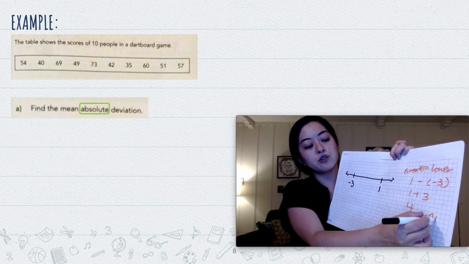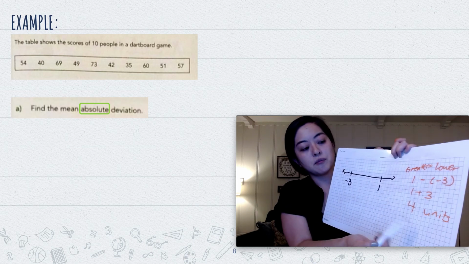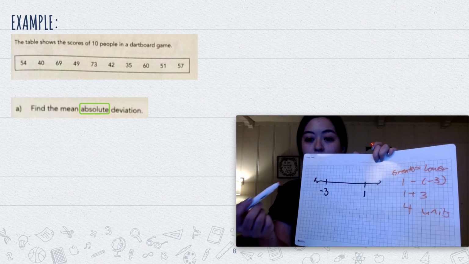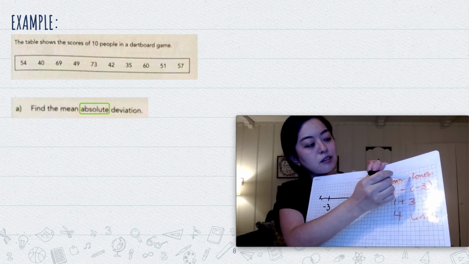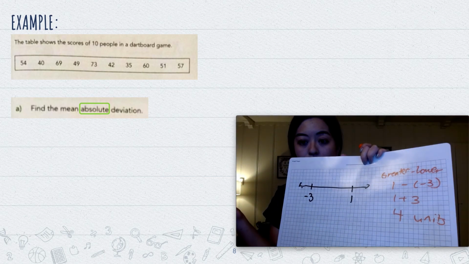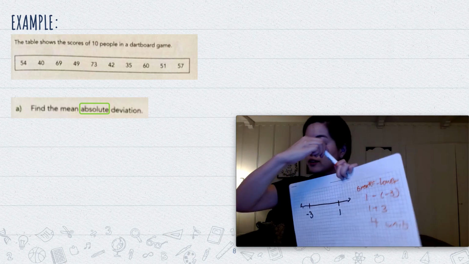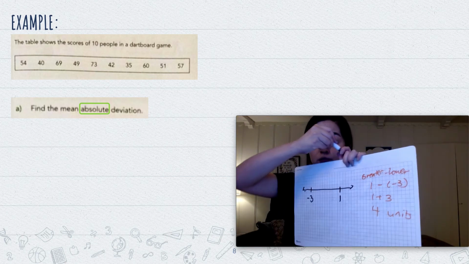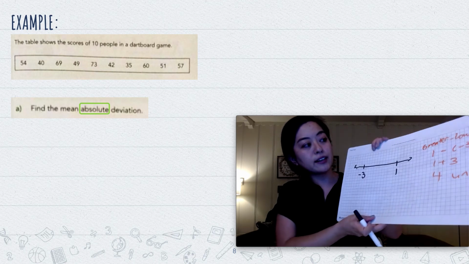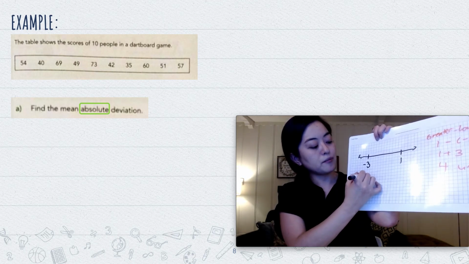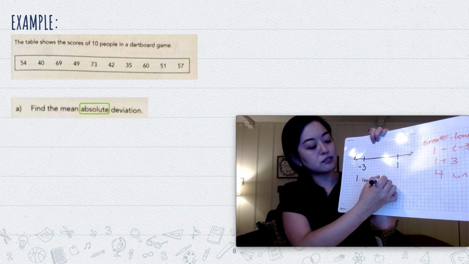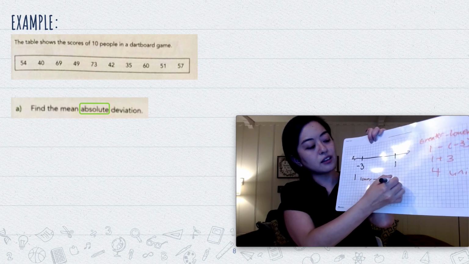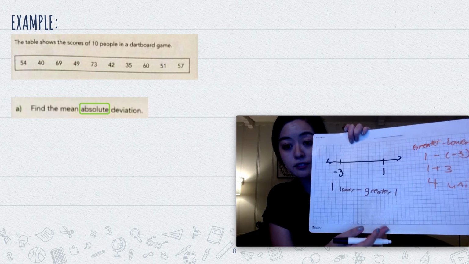So 4 units. This is the way we can find distance, by doing the greater number minus the lower number. Do you see the minus sign here? Another way we could do it is by using the absolute value. If I do the lower minus the greater and take the absolute value, that'll give us a distance.